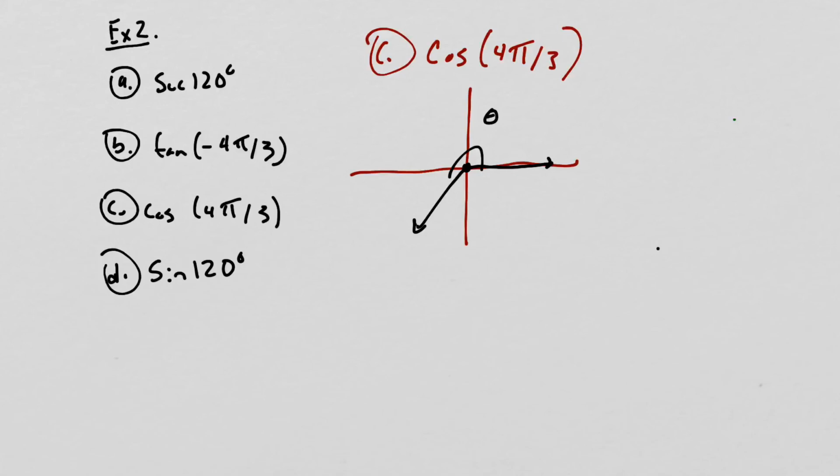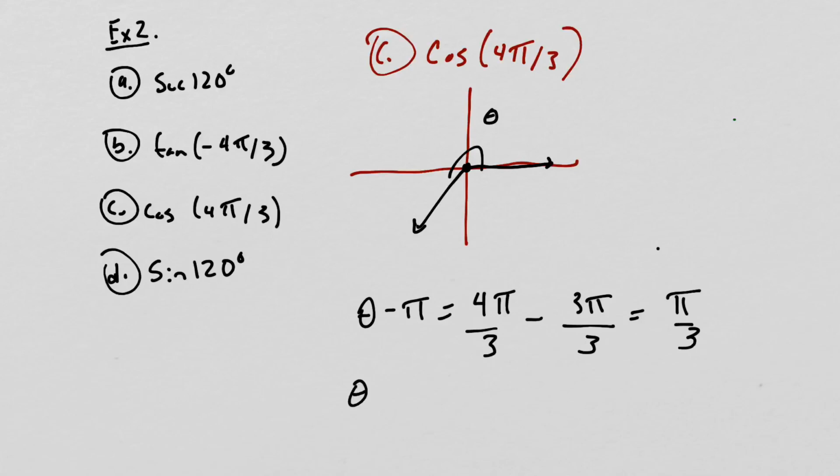To find the reference angle, this is going to be determined by theta minus pi, which is 4 pi divided by 3 minus 3 pi divided by 3. The reference angle in this case is again pi divided by 3. So theta bar is equal to pi divided by 3.